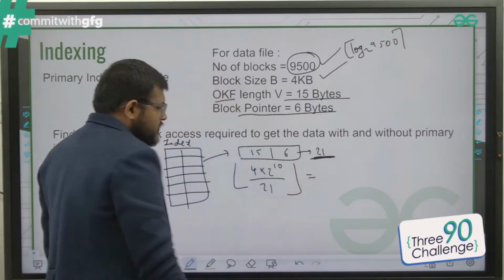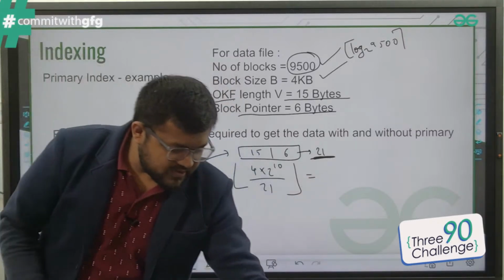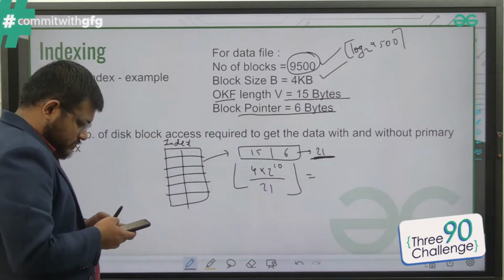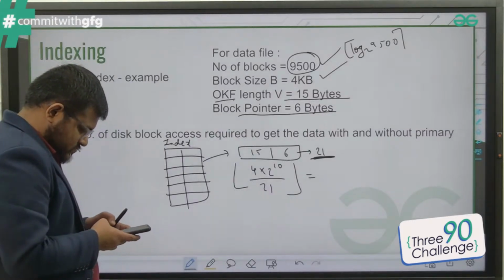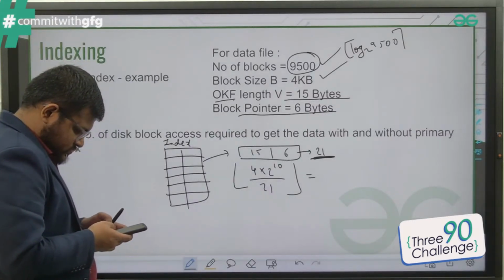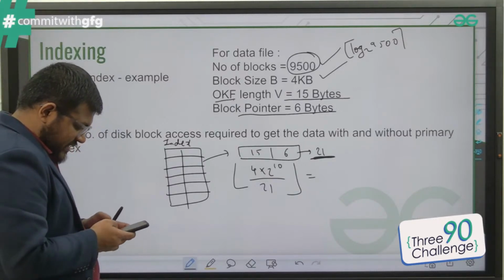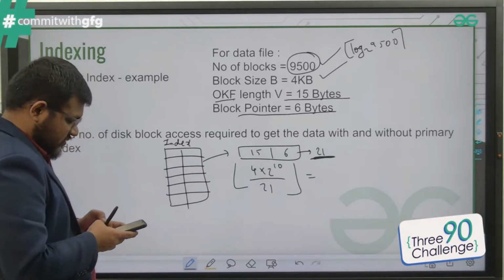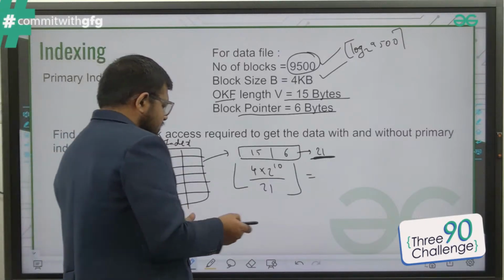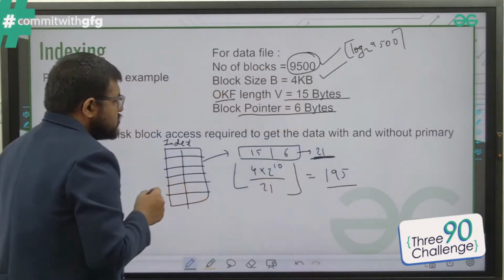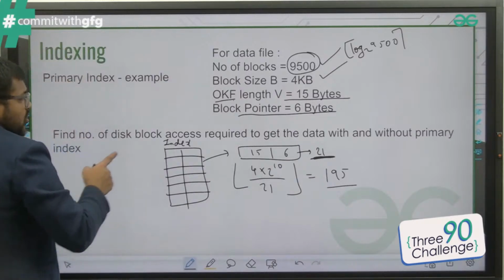We call this the blocking factor also. This will be 4096 divided by 21, which is 195 point something, so this will be 195. So in one block, I can store 195 records of the index file.